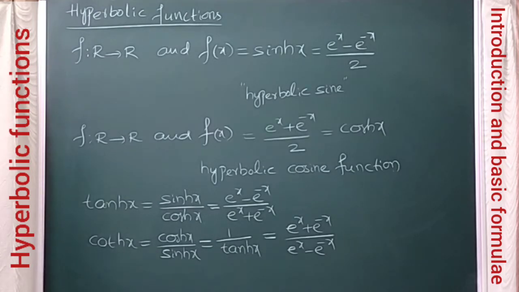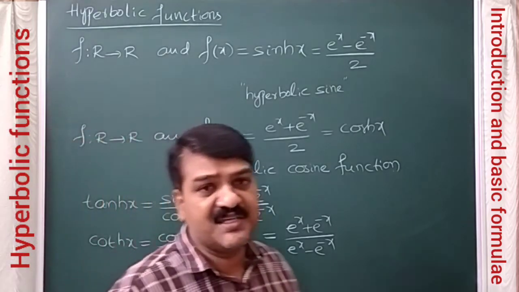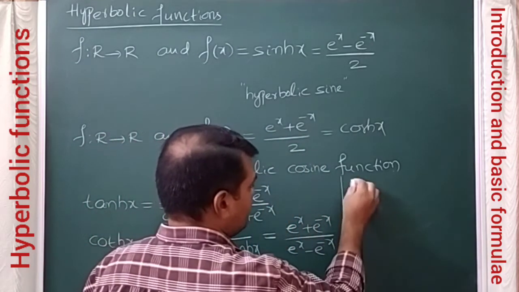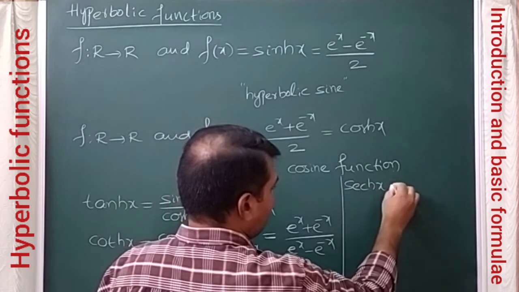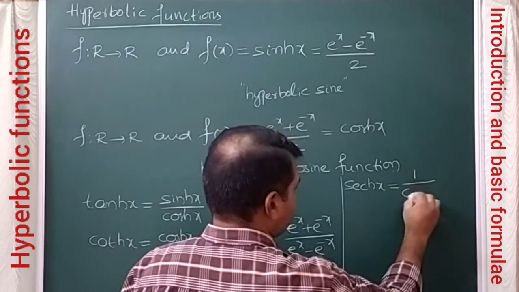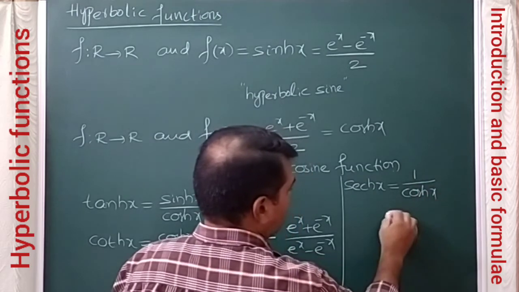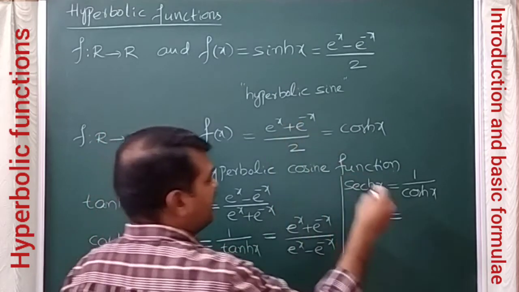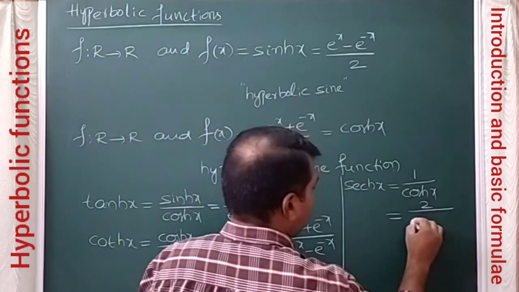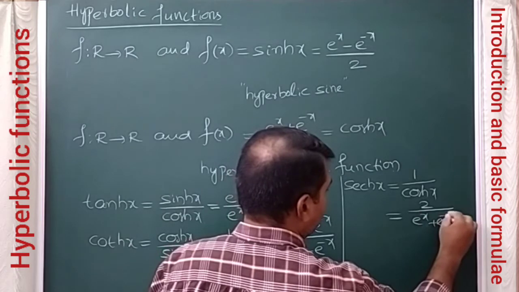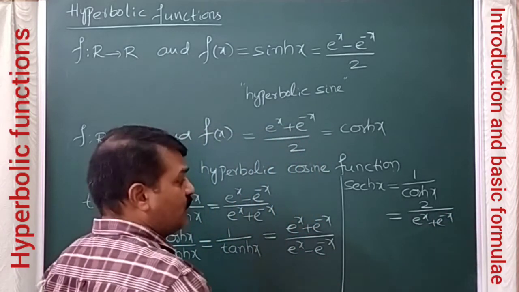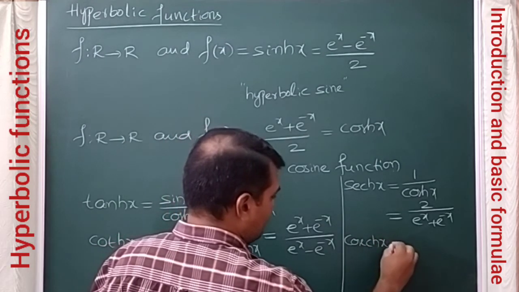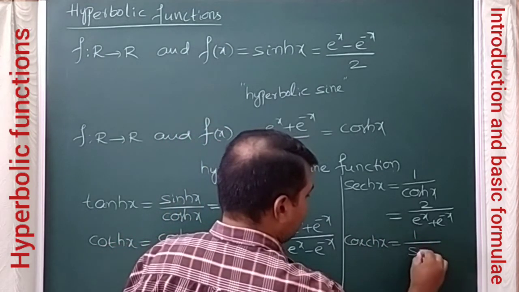Similarly, we will write secant hx and cosecant hx. We know that secant hx is the reciprocal of cos hx. We have written the formula for cos hx, so the reciprocal of that means 2 by e power x plus e power minus x. Now cosecant hx is the reciprocal of sin hx.